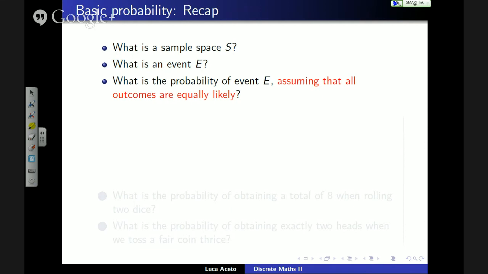Is that an event? Your colleagues are saying each number is going to be its own event. That's possible, but it's not the only event. So being an even number is an event because it makes sense to ask what is the probability that the number that you get is even.